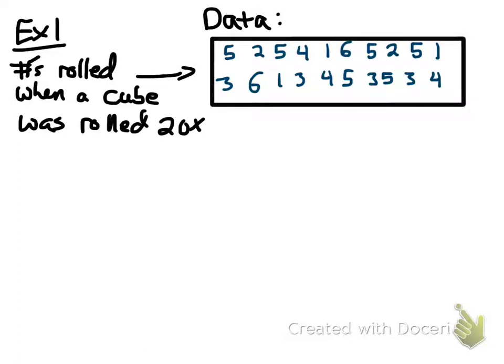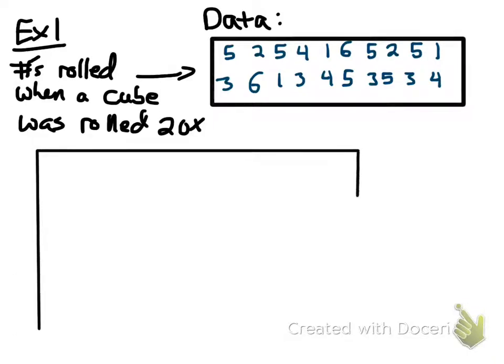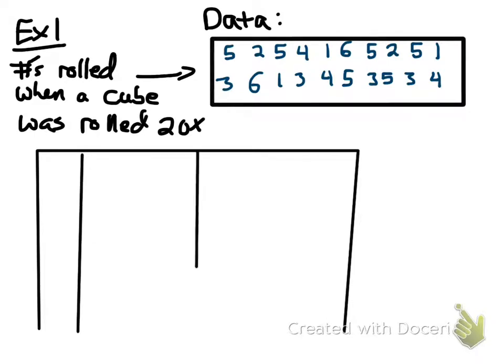Now I'm going to display this data in terms of how many times each number showed up. That would be the frequency, how often it showed up. So I'm going to go ahead and make it a frequency table. And I'm going to put 3 different columns.